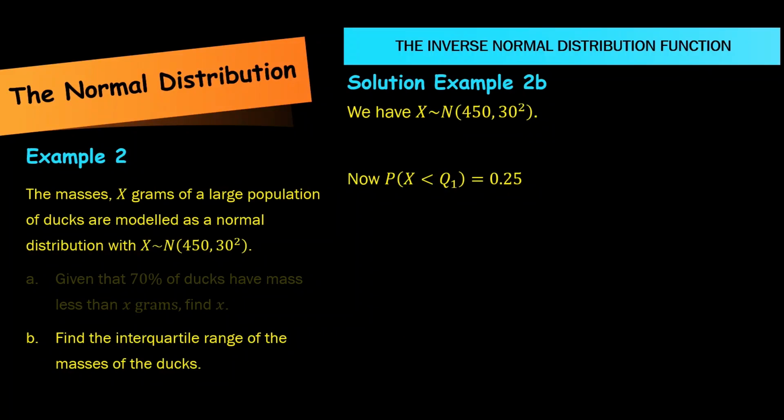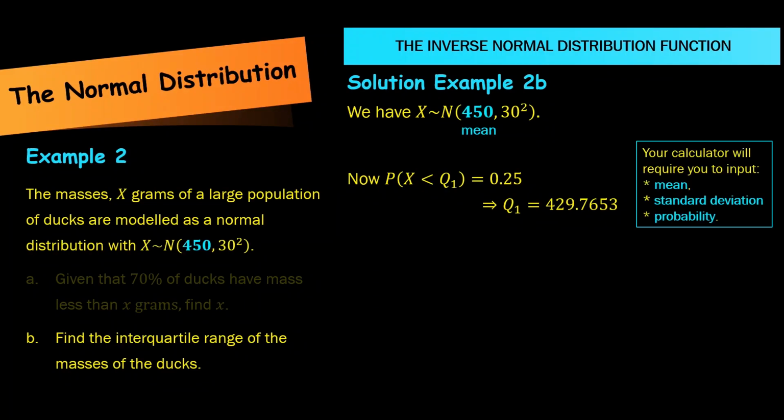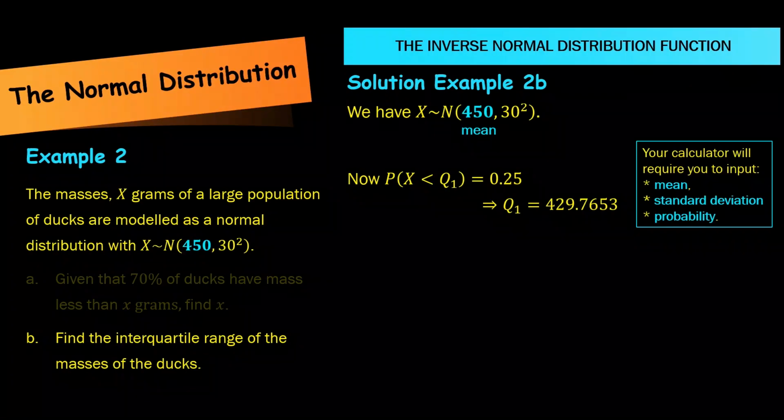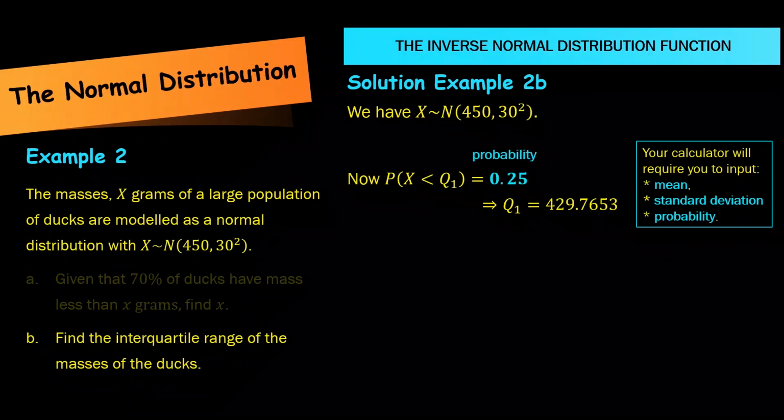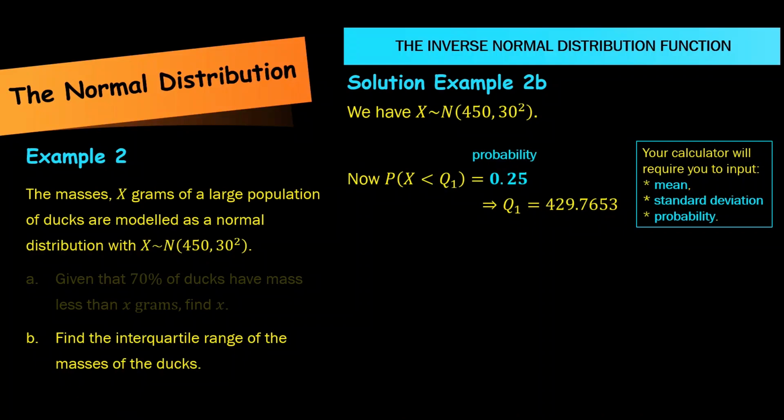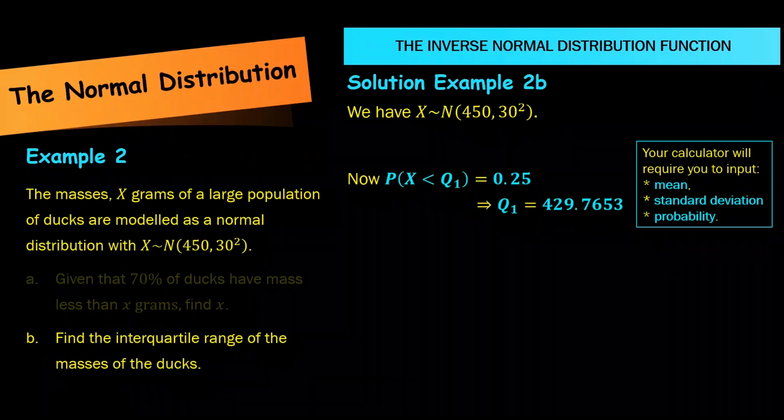That's a quarter of the way along. And inputting the value of the mean, the standard deviation, and the probability will give us the value of Q1. So the mean is 450, the standard deviation is 30, the probability is 0.25, and therefore Q1 equals 429.7653.